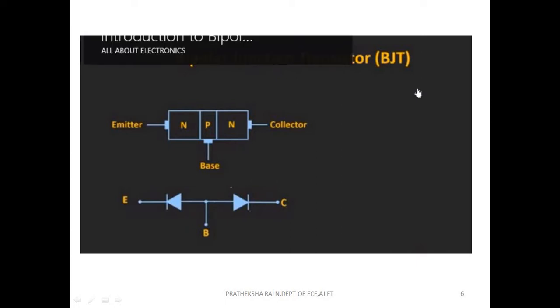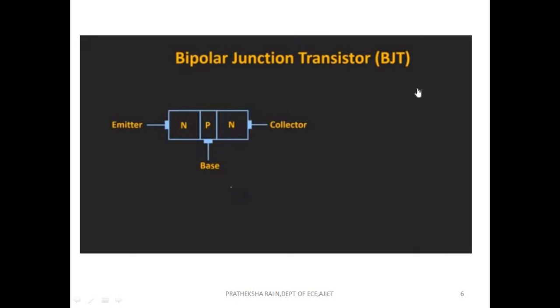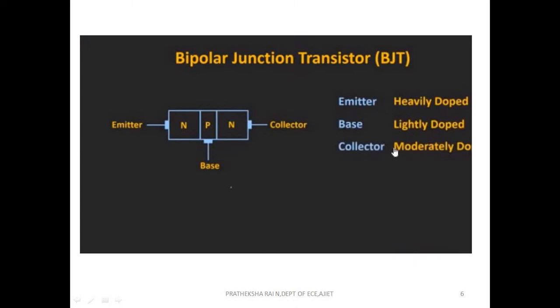Now if we talk about the internal construction of the BJT, the emitter is heavily doped, and the function of the emitter is to supply the electrons. In fact, that is why it is known as the emitter. Then the base is lightly doped, and the doping concentration of the collector is between that of the emitter and the base. That means the collector is moderately doped.